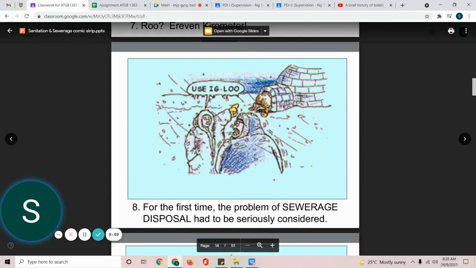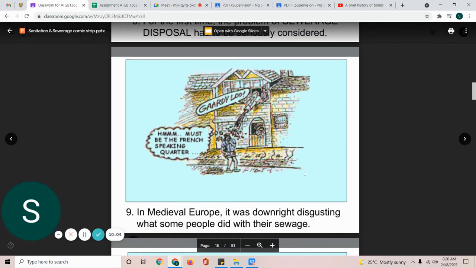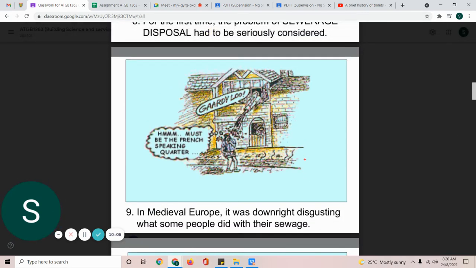Okay, so when people start staying together, when the population grew, it becomes a problem that we need to consider. Because if there's no services in place, when there's a lot of people, we start to have our own methods of disposal.